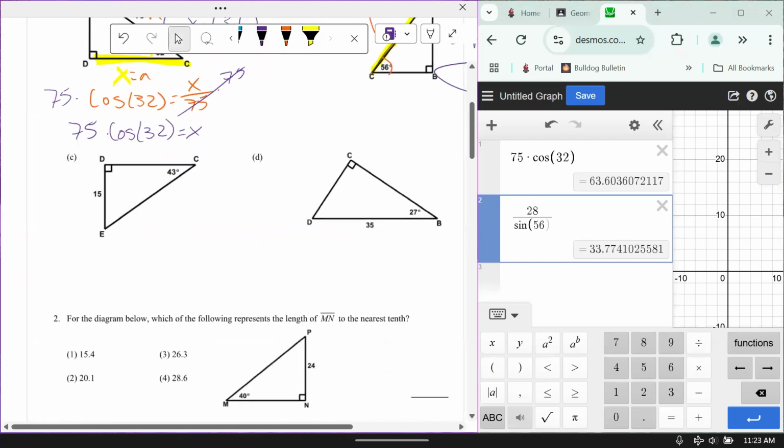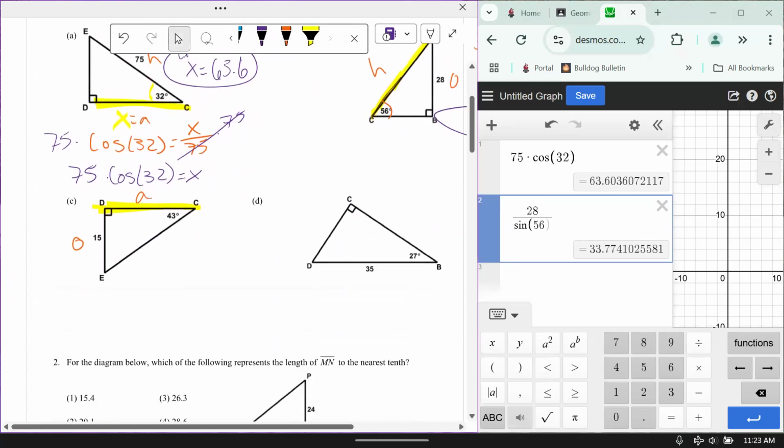Okay. In this case, CD is right here. Okay, so he is an adjacent, while our 15 is an opposite. That would be TOA, right? Tangent of 43 equals opposite 15 over our adjacent CD. Again, these guys flip-flop.